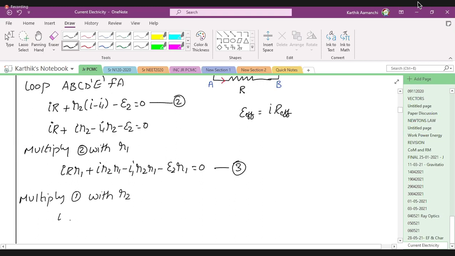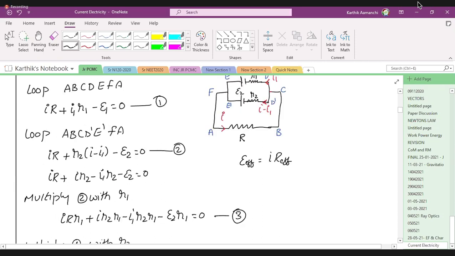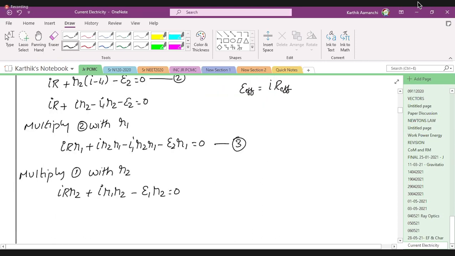It will be IR R2 plus I R1 R2 minus epsilon 1 R2 is equal to 0, is it? Let this be 4.